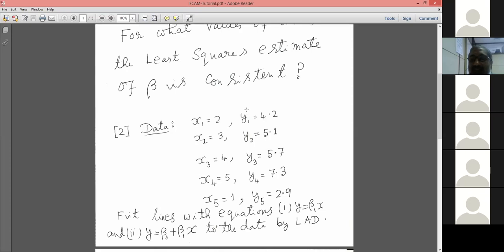Yes, sir. I am taking the values and ordering them. So the first value, if I calculate y1 by x1, I'll get 2.1. And the frequency for that will be 2. And then here, if I take the ratio, it will be 1.7 and the frequency for that will be 3.